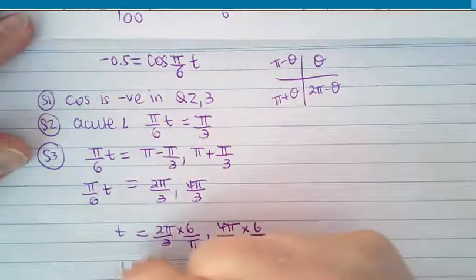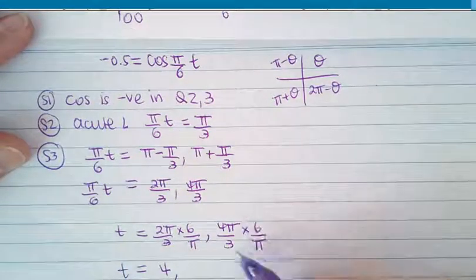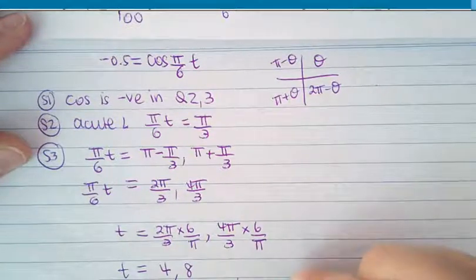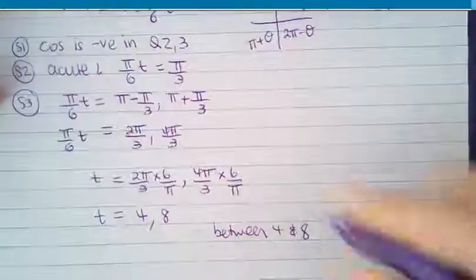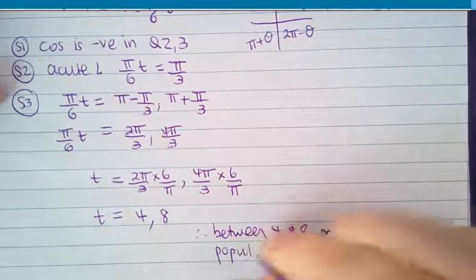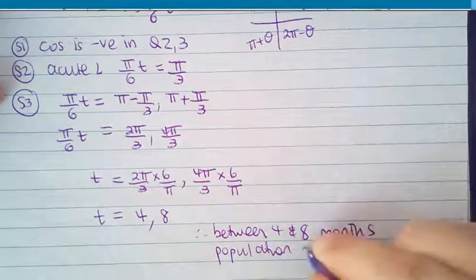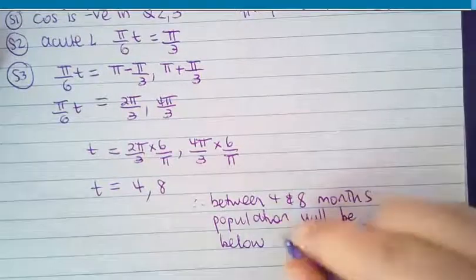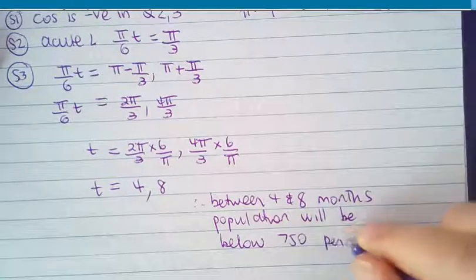So t is 4, and the other one is 8. So therefore, between 4 and 8 months, the population will be below 750. Now, how do we know that?